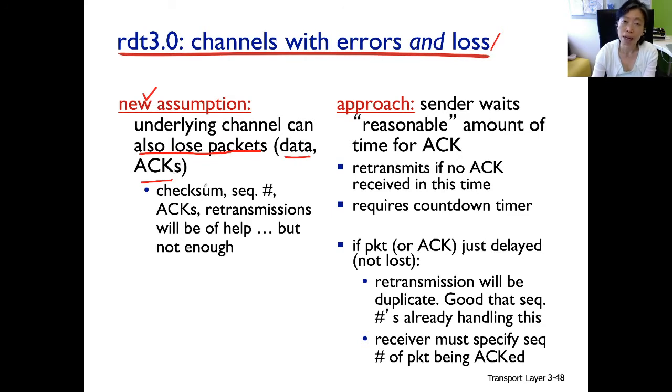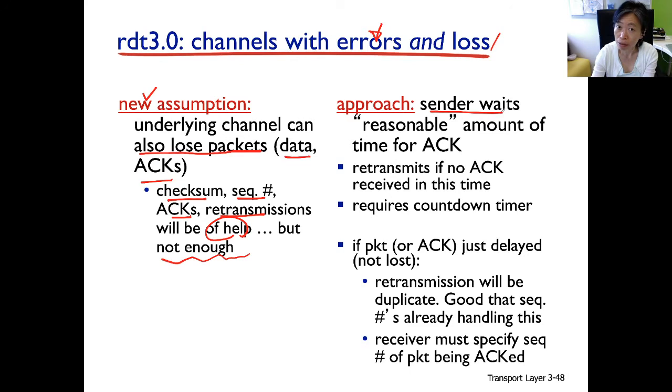Now, all these mechanisms we have in version 2, checksum, ACK, retransmission, and the sequence numbers to avoid duplicates will help, but only help for bit errors. So, in case of packet losses, not enough. So we need to add extra mechanisms. And the extra mechanism is this.